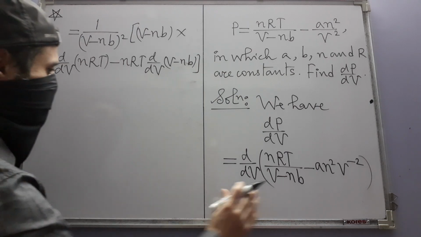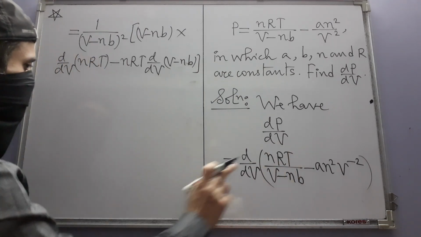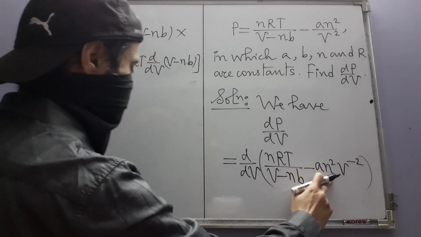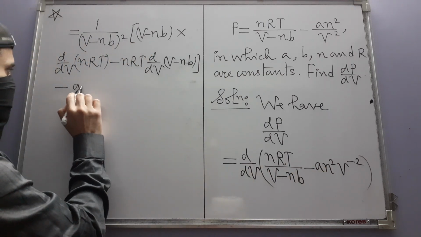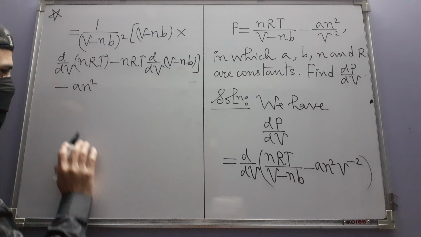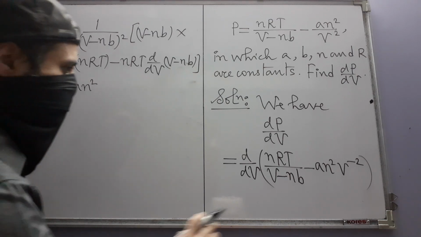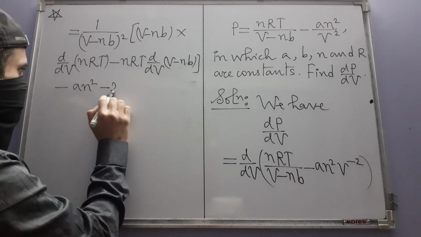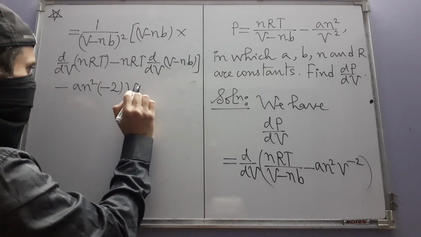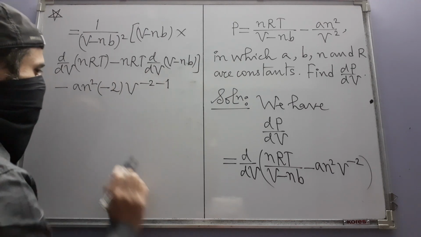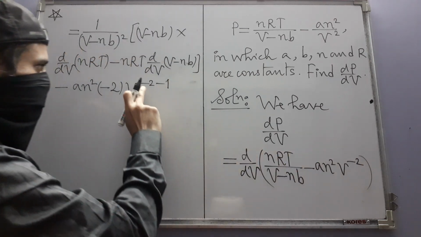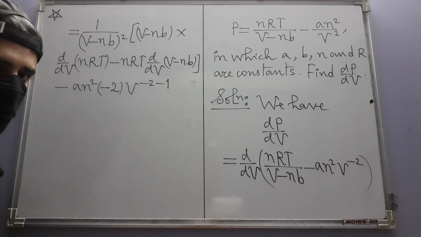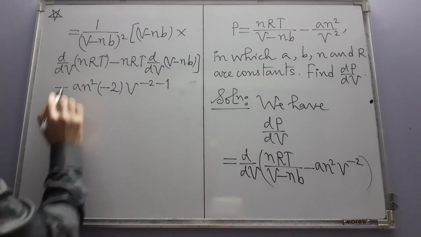So this is the derivative of this, minus. Now a and n are constants. So by the constant multiple rule, they just stay like that. And if you differentiate V to the power minus 2, it becomes this. The exponent comes down, and then here the exponent gets reduced by 1, or you subtract 1. Alright.